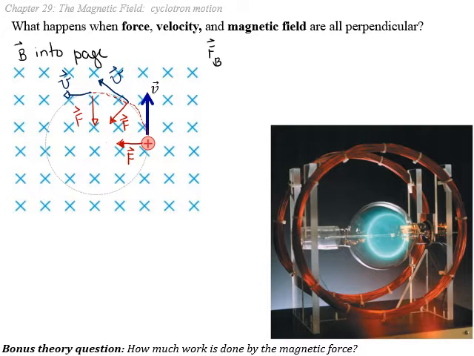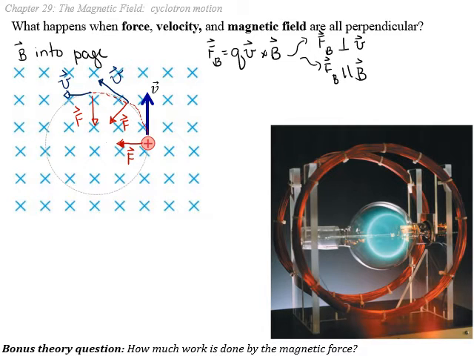So FB is equal to QV cross B. When our V and our B are perpendicular, we get this special case of circular motion. So if the magnetic force is a result of the cross product between V and B, it means that our magnetic force is perpendicular to V, and our magnetic force is also perpendicular to the magnetic field.